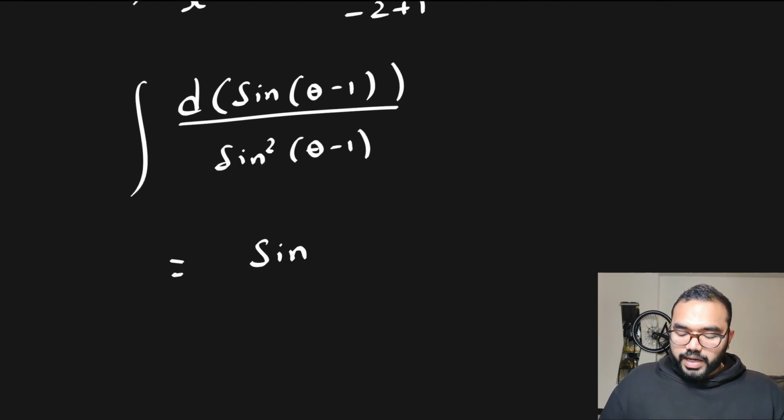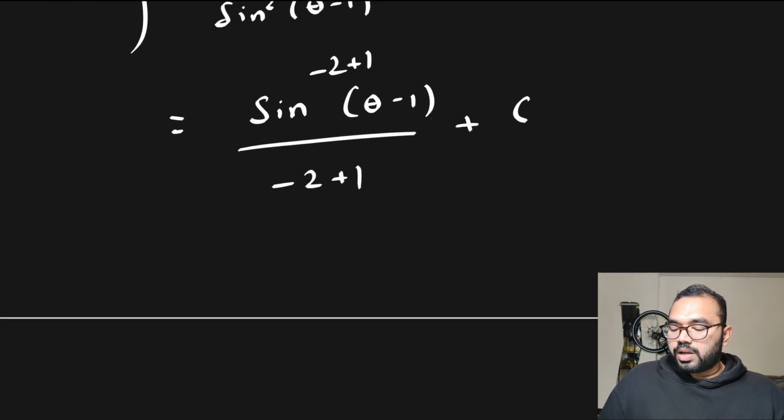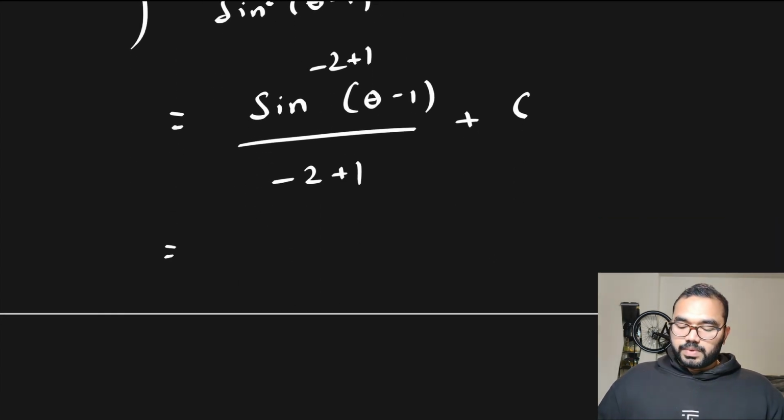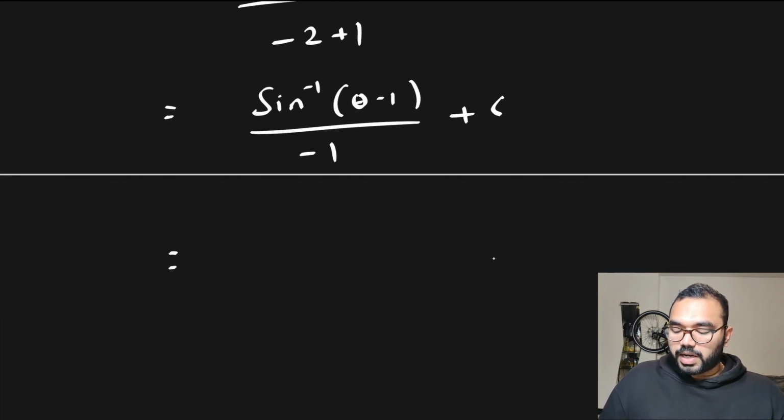So I can write it as sine to the power of minus 2 plus 1 of theta minus 1 divided by minus 2 plus 1 plus c. That is nothing but sine to the power of negative 1 of theta minus 1 divided by minus 2 plus 1, which is minus 1.